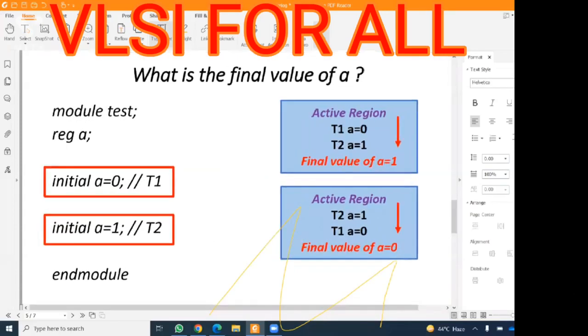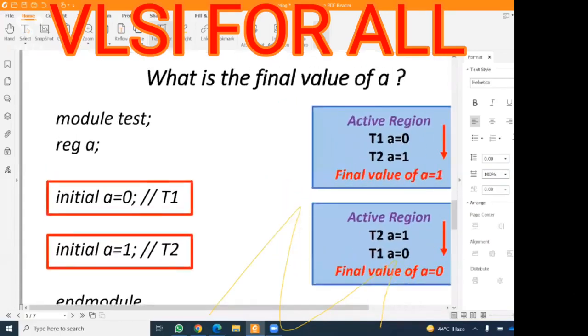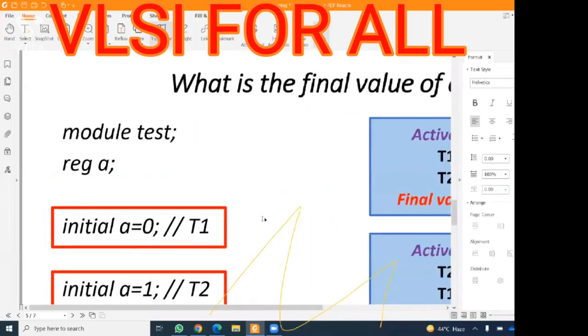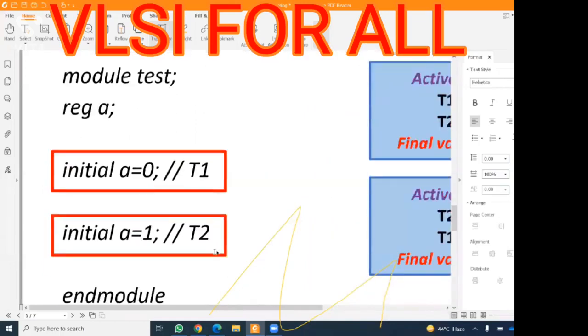Maybe in the active region it is different. Initially it will be 0, and after some time you will get 1.